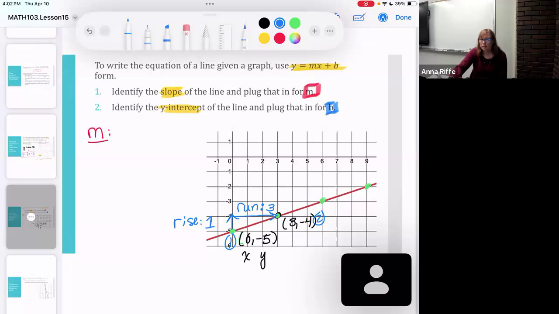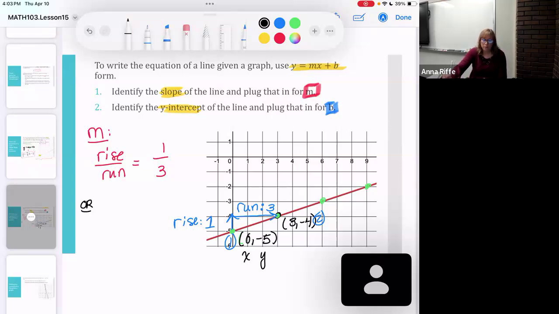If I know my rise and I know my run, then I know my slope is the rise over the run, and that gives me 1/3. Okay? So that's one way of doing it. That's a graphical way.